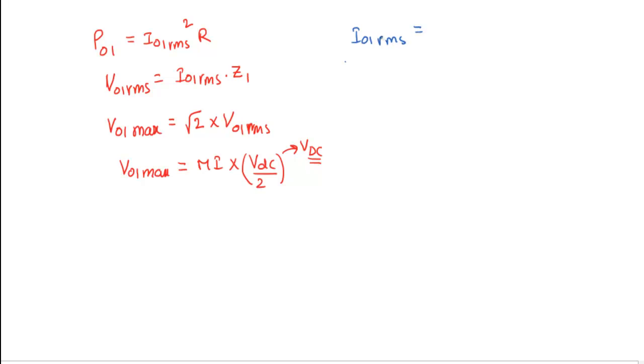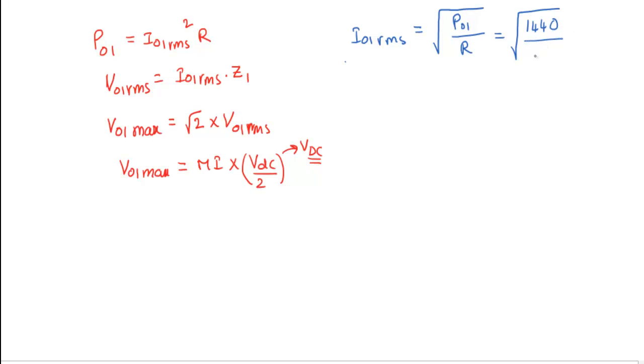How to calculate this? First we take R to this side and apply the root. That means root of P1 divided by R. P1 is given, what is that? 1.44 kilowatt, that means 1.44 kilowatt multiplied by 1000.